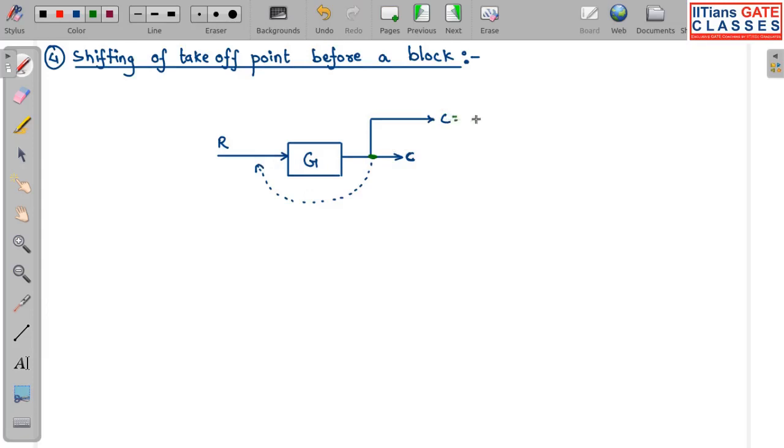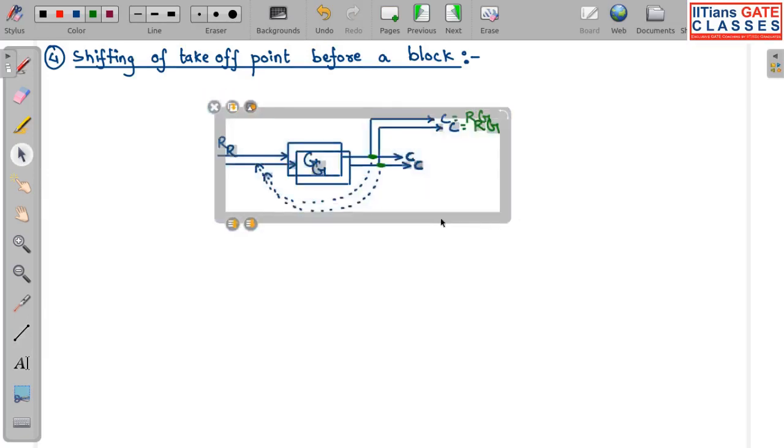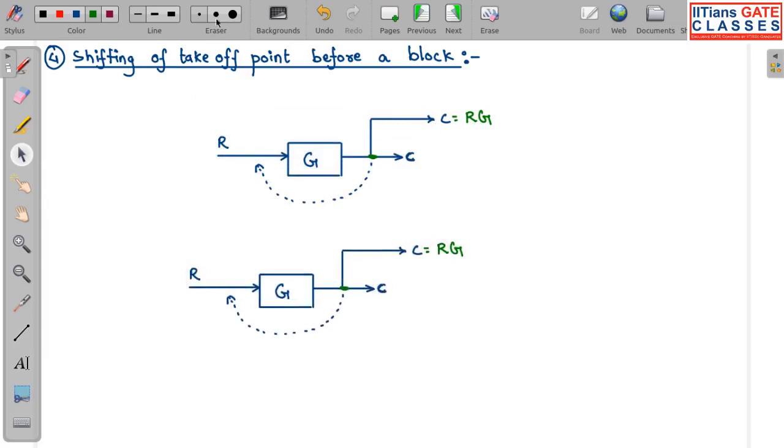You can see it is C, or I can write it as R into G. Now if I want to take this takeoff point behind this block, so now I want to bring it over here. Now look very carefully. When I do this, the output is no more RG. Now C is equal to R, but I need this same output.